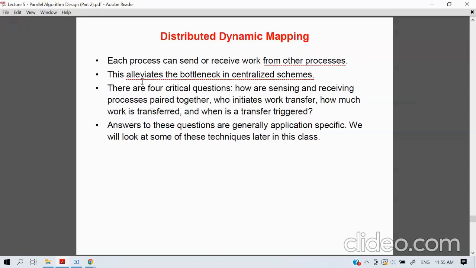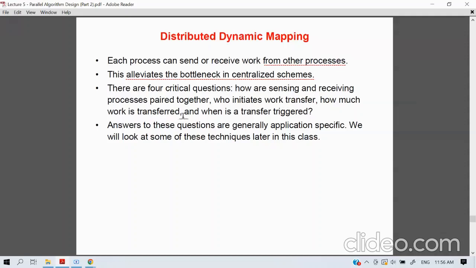However, we need to consider 4 critical questions. The first one is how are sending and receiving processes paired together? Let's say we want to do the connection or communication between 2 processes. How do they want to send and receive? Which processes do we need to pair up? Who initiates the work transfer? Who will start first? How much work is transferred?